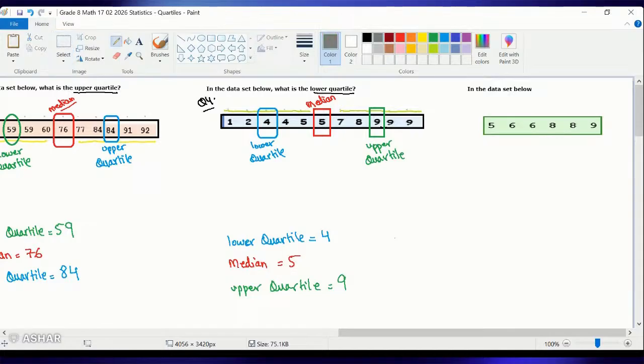If this is our question number 5, what they are asking us to do is to find the upper quartile. Find the upper quartile.